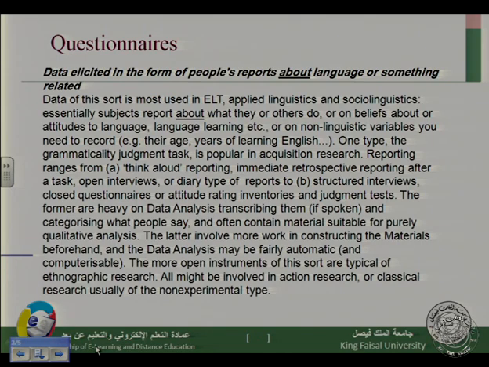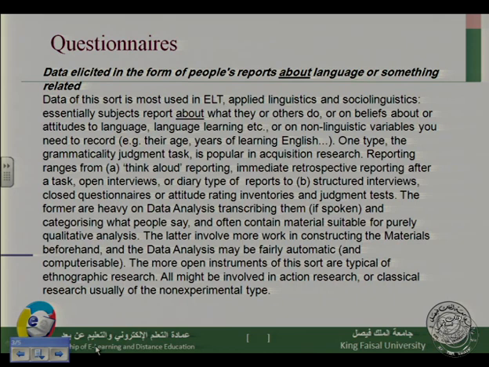Data of this sort, data elicited in the form of people's reports about language or something related to language, is most used in ELT, English language teaching, applied linguistics, and sociolinguistics. All of these three areas are of concern to us as linguists.